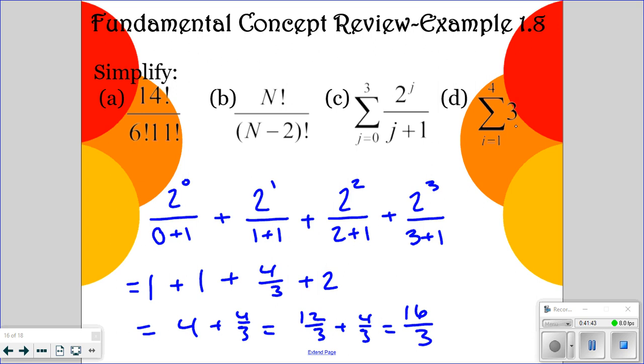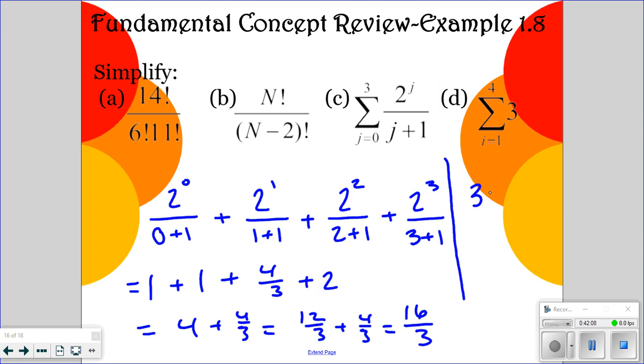Now for this next one, it says plug in 1 through 4 in place of I. What do you notice is the issue? There's no I over here. So when we plug in a 1 for I, all we are left with is a 3.